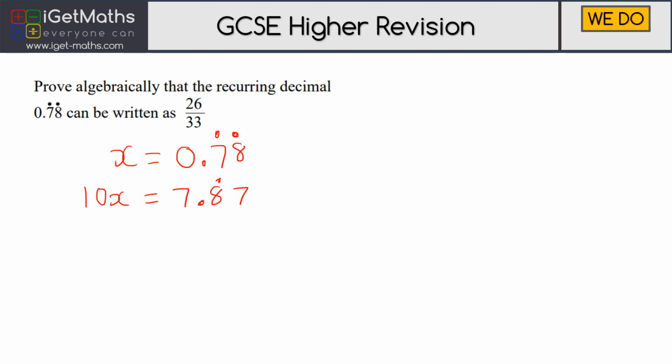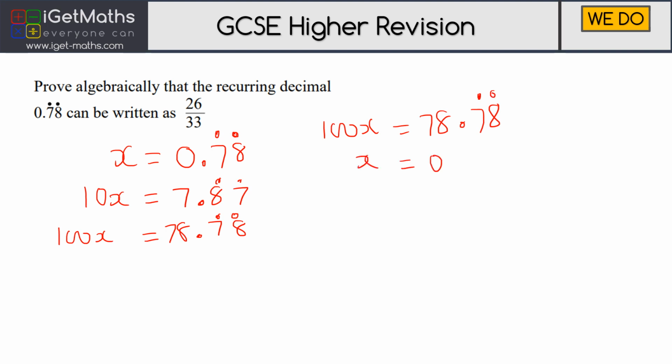So what we would do is we would times it by 100. And that would give us 100x, which is going to be 78, and that's going to give us the 78 recurring there. If now we do the 100x, which is equal to 78.78 recurring, subtracting the x, which is 0.78 recurring, that's going to give us 99x, which is equal to 78.